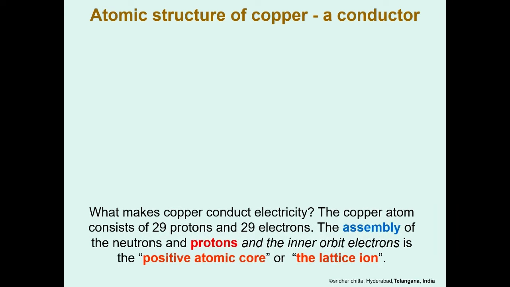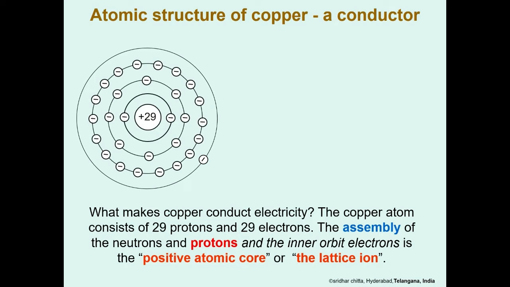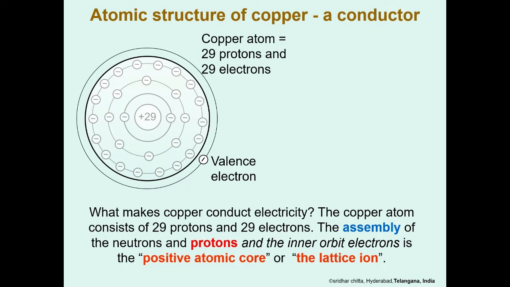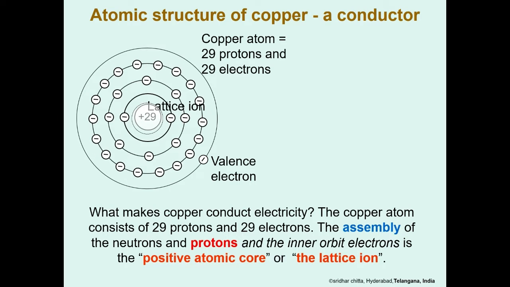Atomic structure of copper, a conductor. What makes copper conduct electricity? The copper atom consists of 29 protons and 29 electrons. The assembly of the neutrons and protons and the inner orbit electrons is the positive atomic core or the lattice ion.